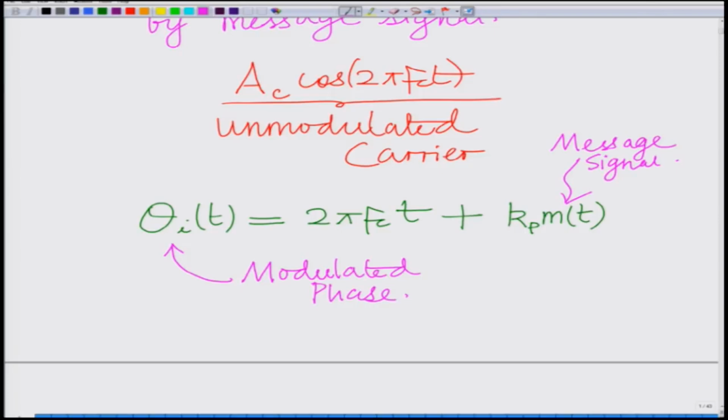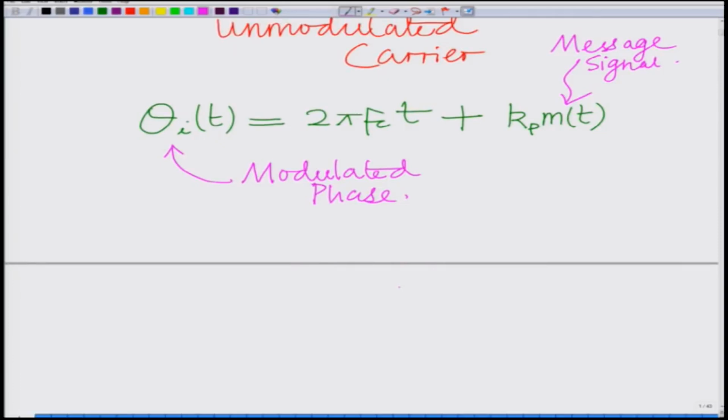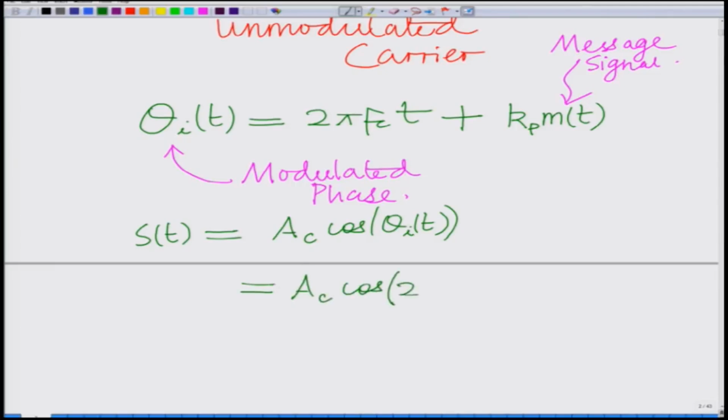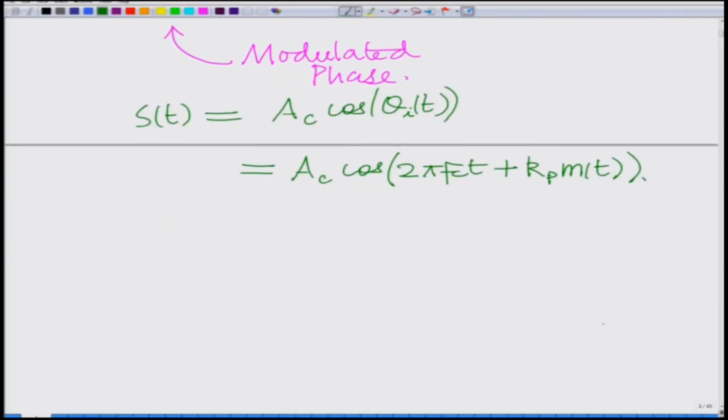Therefore, the carrier with its phase modulated by this message signal, the modulated signal, is given as A_c cosine theta_i(t), which is basically A_c cosine of 2 pi f_c t plus k_p times m(t).